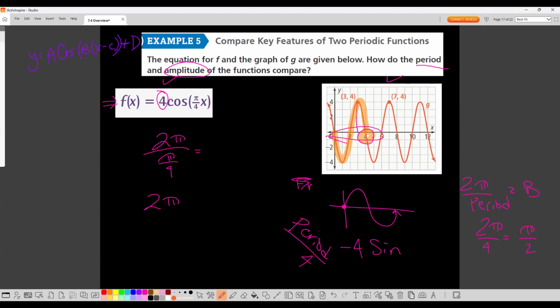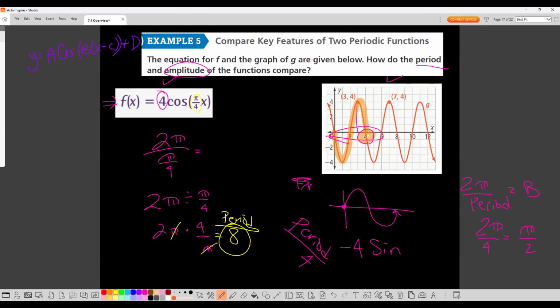How long it took to complete that cycle. Over on this one, my 2 pi divided by my pi over 4, or multiplied by the reciprocal, 4 over pi. And there the pi's are going to divide each other out or simplify, cancel, reduce. So my period over here is going to be 8. So this one is twice as long, the period, as the other one.